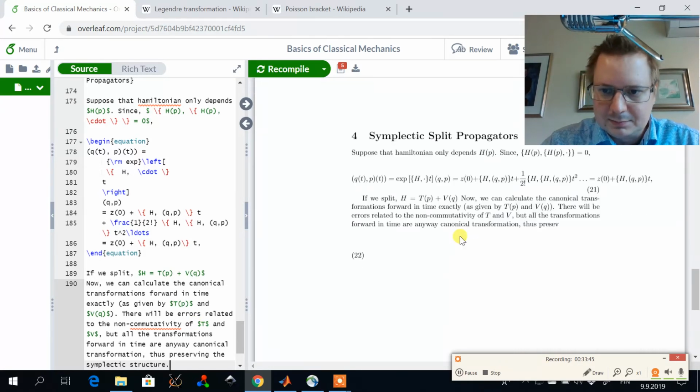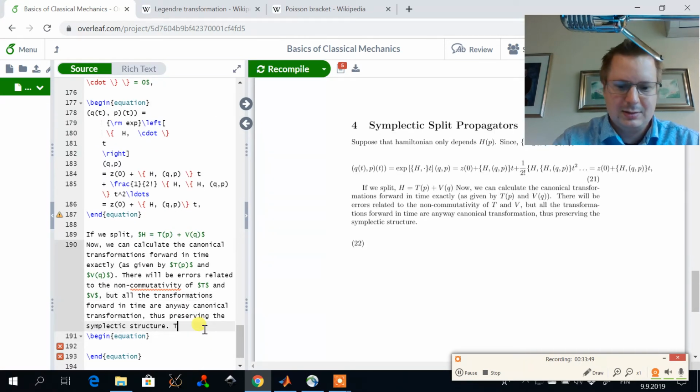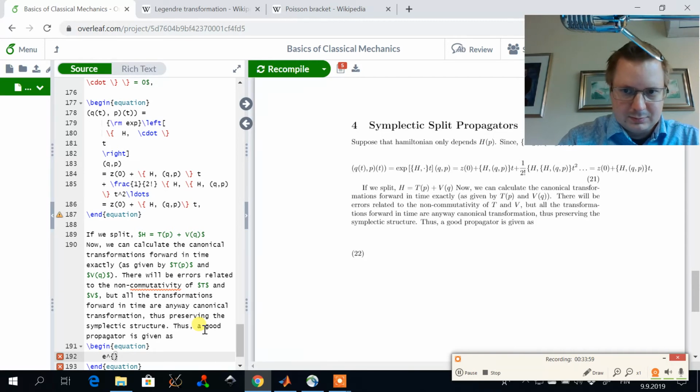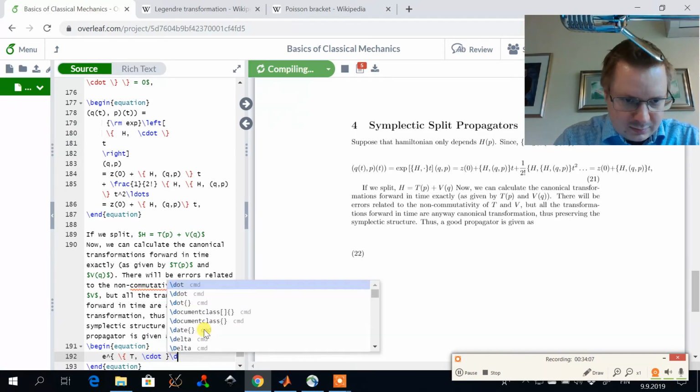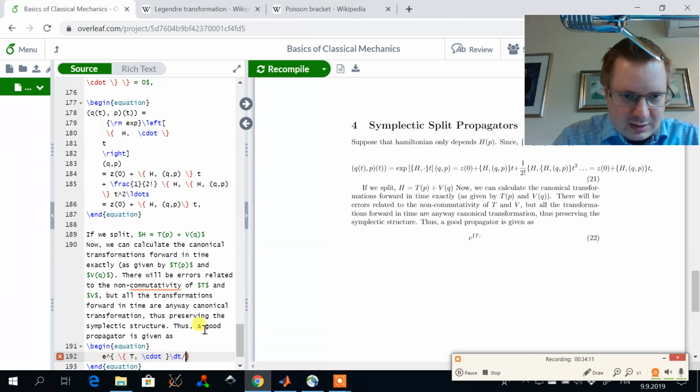Okay, so what I mean exactly is, a good propagator is given as e to the power of T Poisson bracket dt, divided by half.